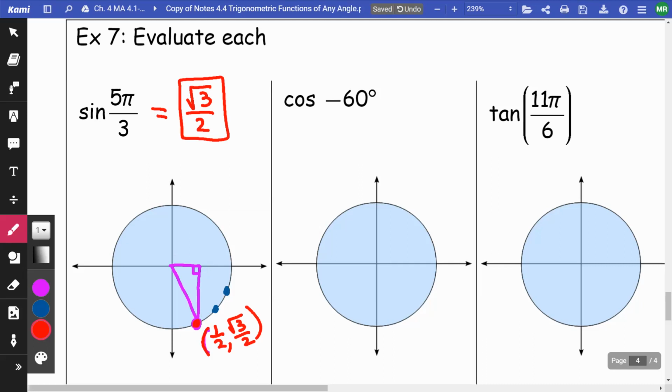Now this next one, I'm dealing with angles as degrees, and we're going this direction. Okay, that's the direction we're going. And they want us to go 60 degrees.